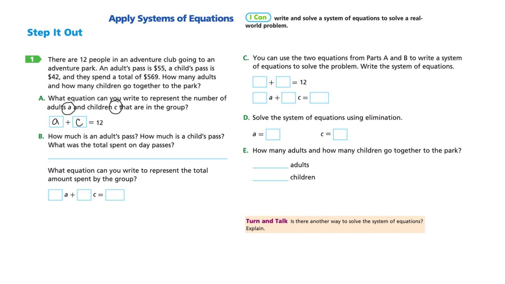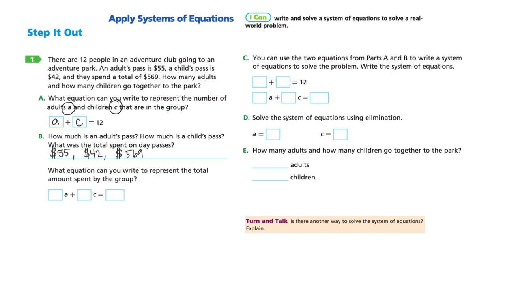You're just looking at the information they give you, and they tell you that it's $55. How much is a child's pass? They tell you that it's $42. So this is just really kind of regurgitating the information they've given you. And what was the total spent? $569. So this isn't a waste of time. It's actually good to get this all organized and structured, looking at everything that you have.